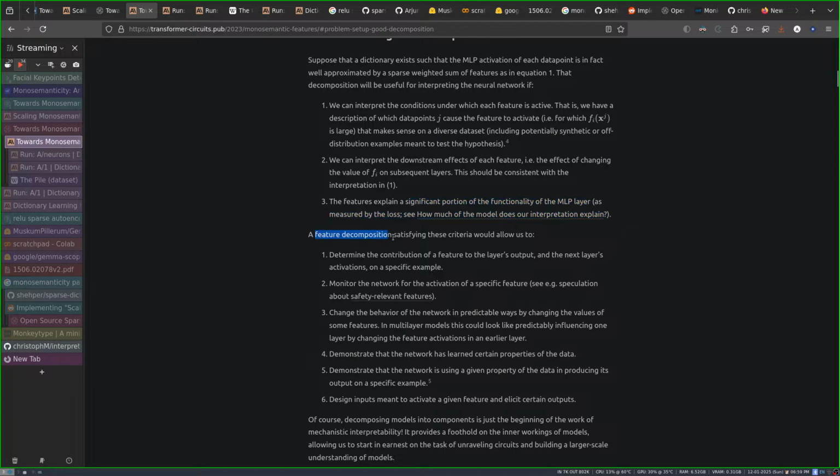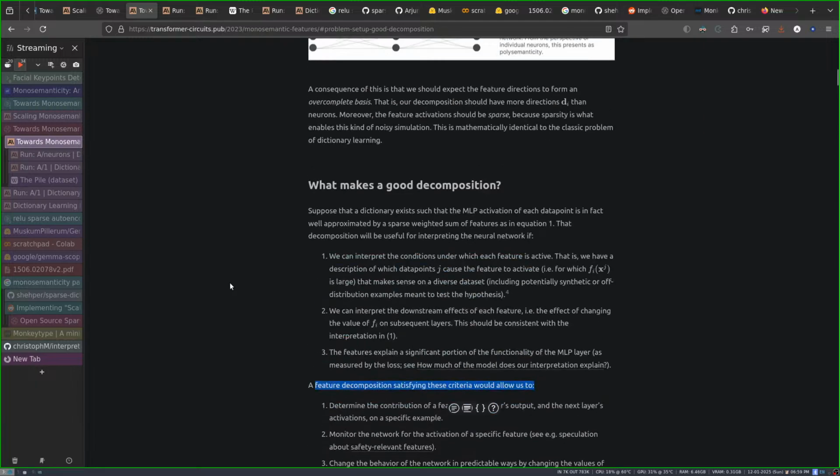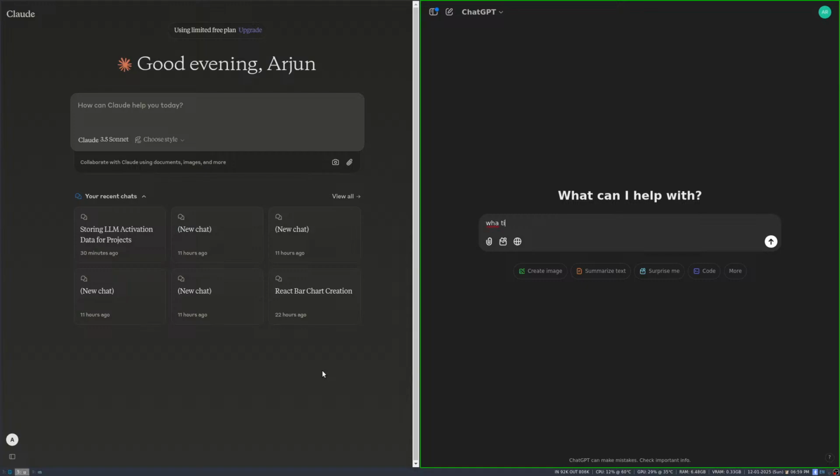Okay, a feature decomposition. What is feature decomposition as in the Monosemanticity paper?